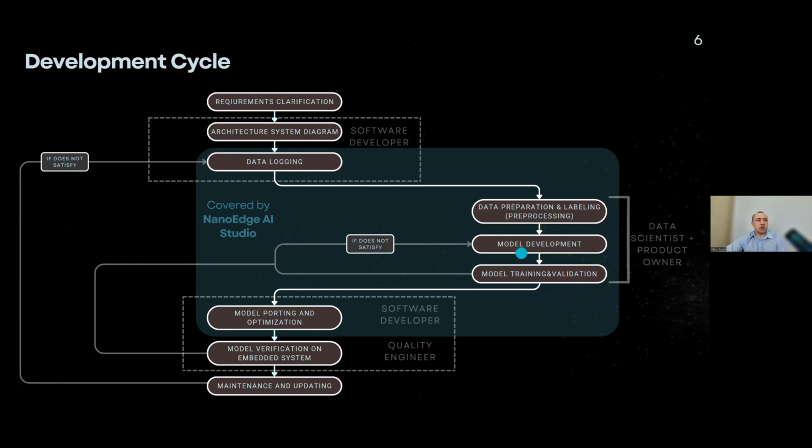Then when the labeling is done, we go to model development, training and validation, and then with the help of software people and quality people, we do porting into the actual hardware, testing, and circulating back if you don't like the results we obtained from the model. So that's the whole process.